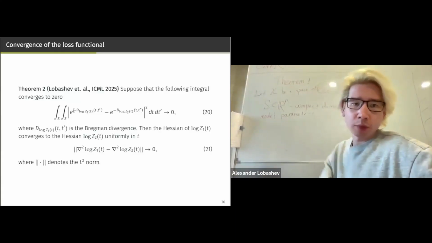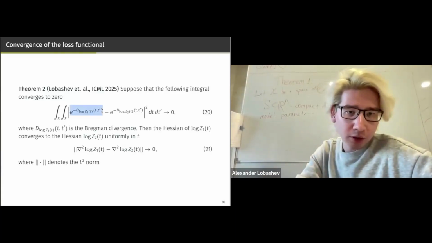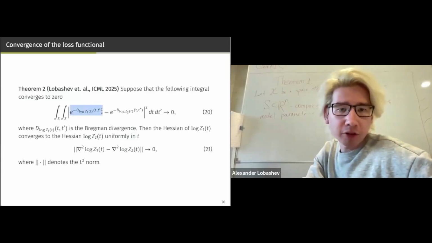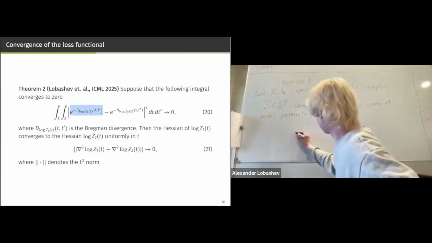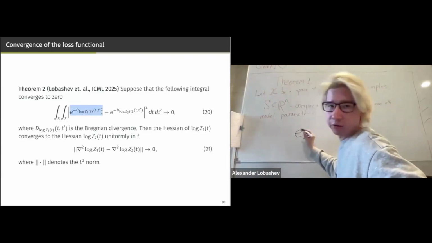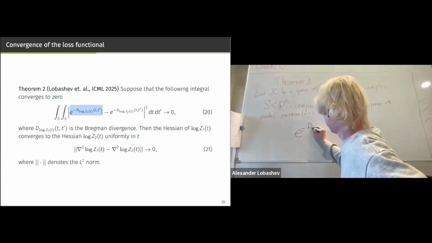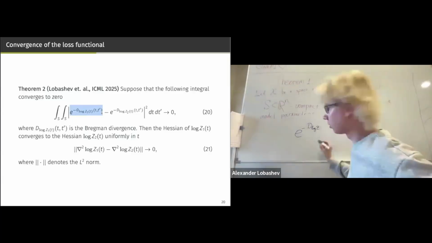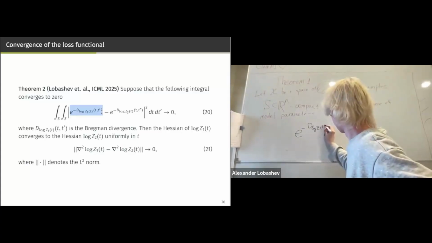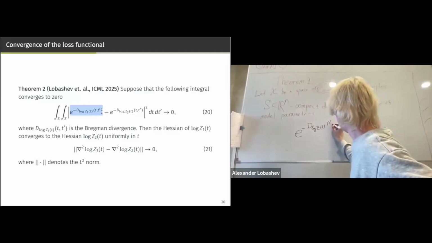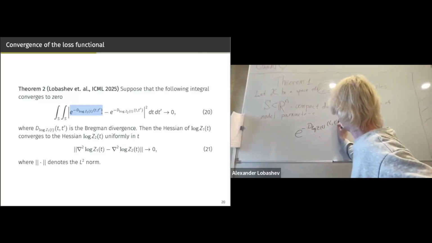So we have a distribution. Here the statement is about just unnormalized distributions which are proportional to Bregman divergence, so log C of t, which depends on t and t prime.